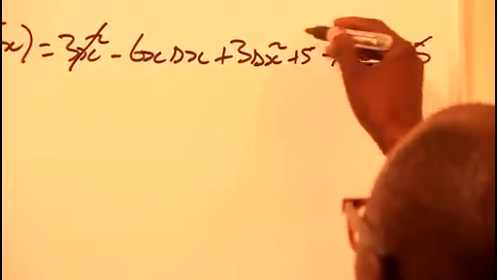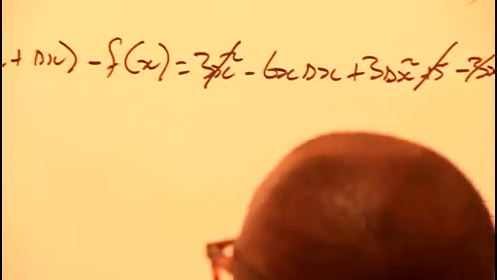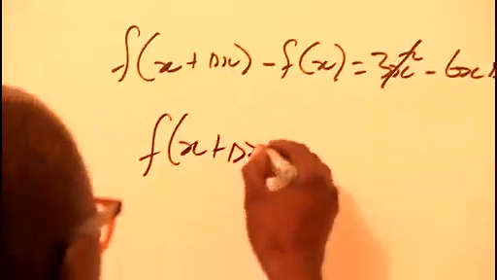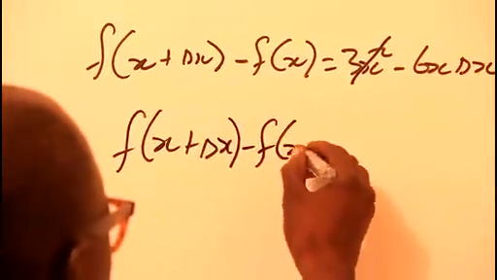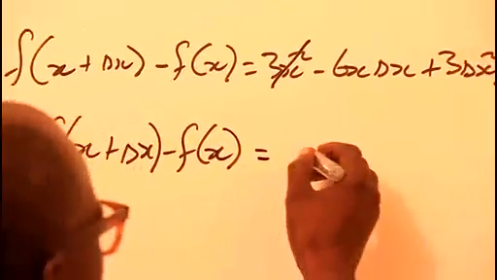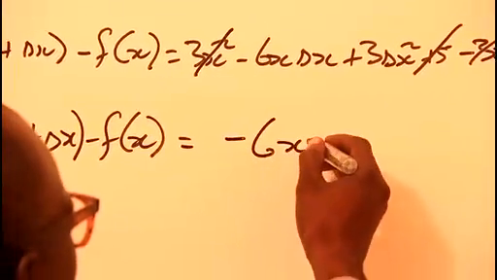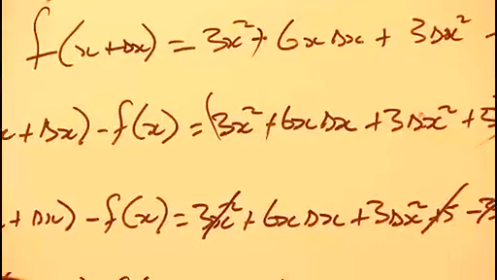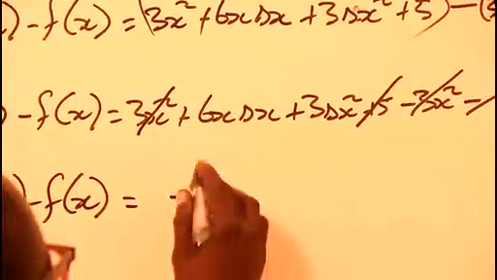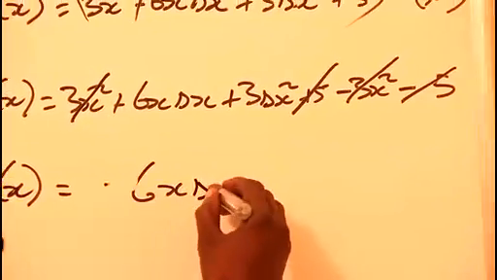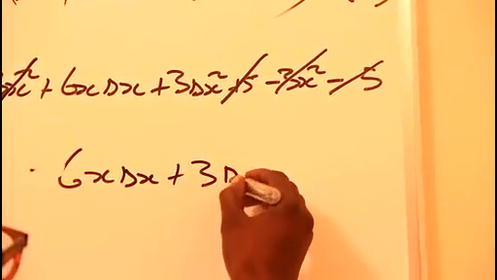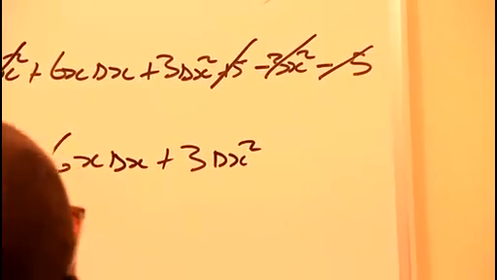Similarly, this will clear this. So f of x plus change in x minus f of x will be equal to 6x change in x plus 3 change in x all squared.